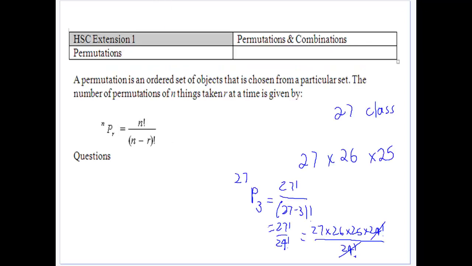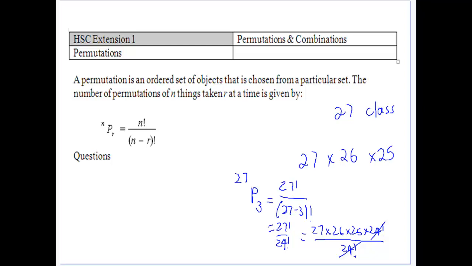Now, let's have a look at the idea of a permutation. Again, a permutation is just another counting technique. Really, we had a little bit of a combination in a permutation in our counting techniques just then. But the idea of a permutation is that you're selecting a certain number of objects from a whole group.